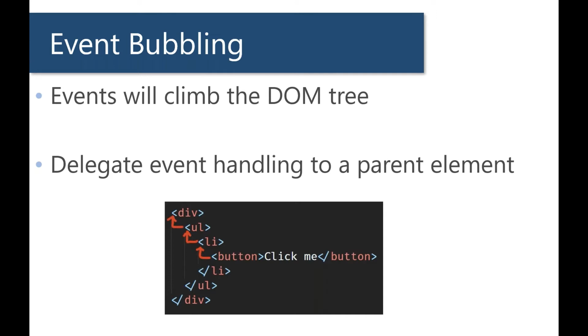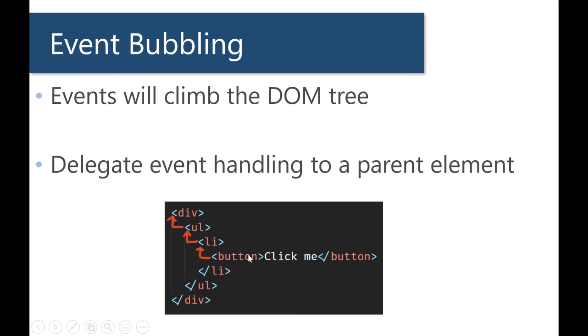Well, it turns out that if I click on this button here, which says click me, I can see that it has several parent elements that it is encapsulated in, or kind of the other way, we could say that this div has several different descendants that are contained within it.